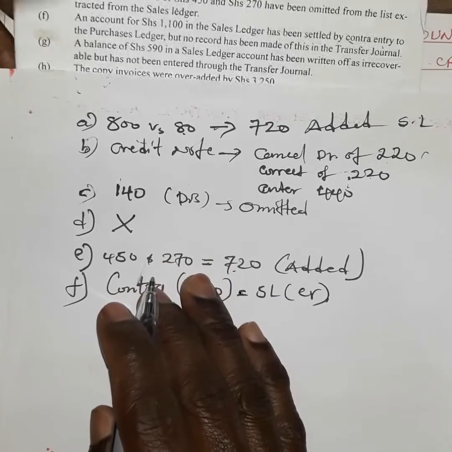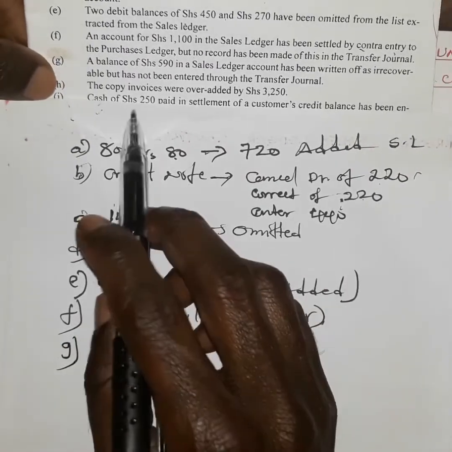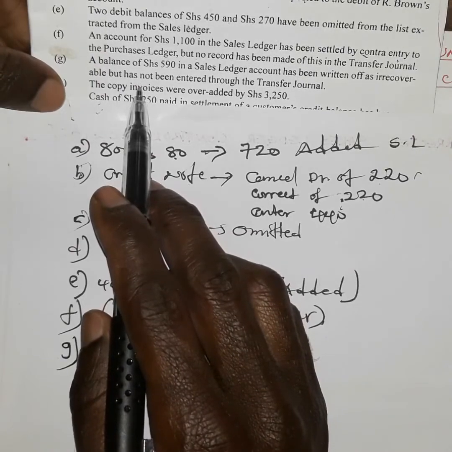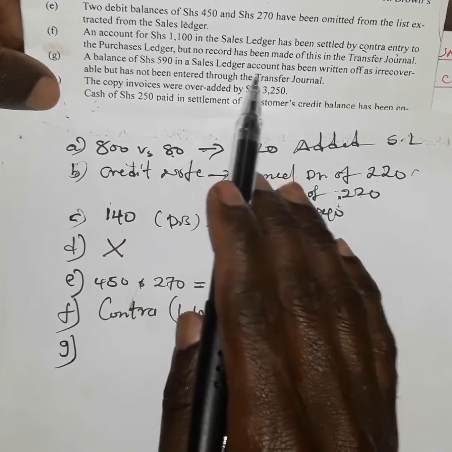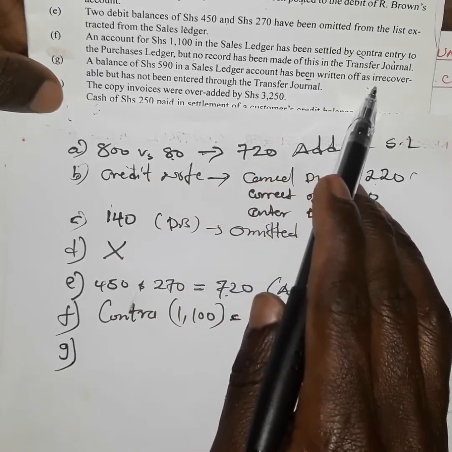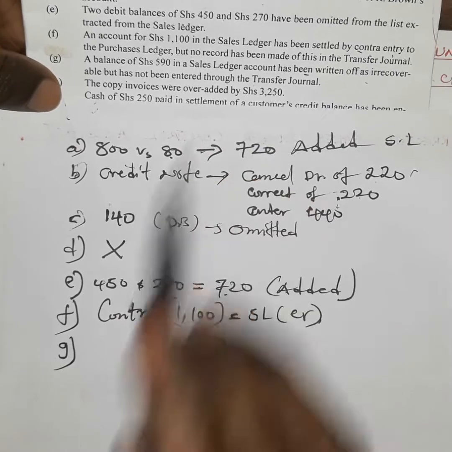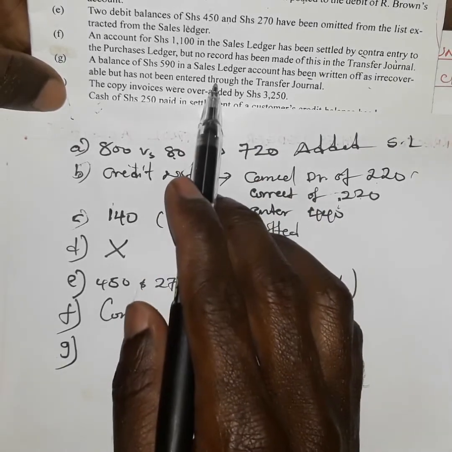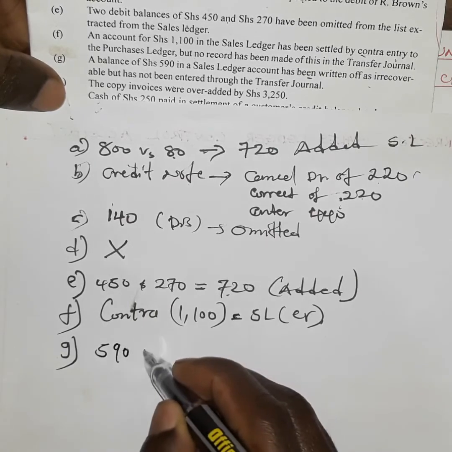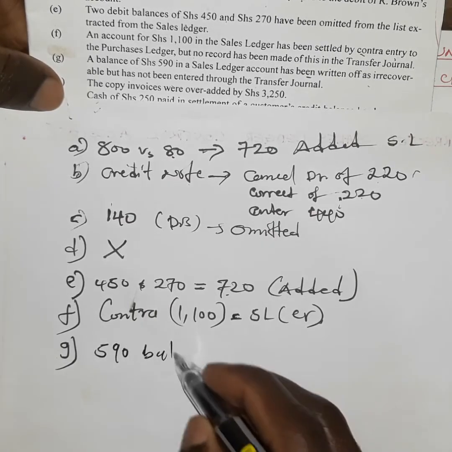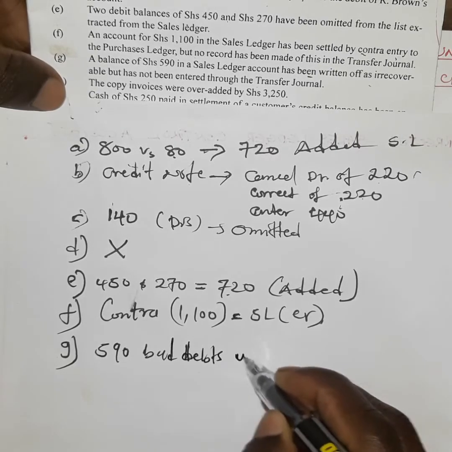Then we go to G. A balance of 590 in sales ledger account has been written off as a recovery but has not been entered through the transfer journal. Now this one, 590 shillings, is bad debts written off.